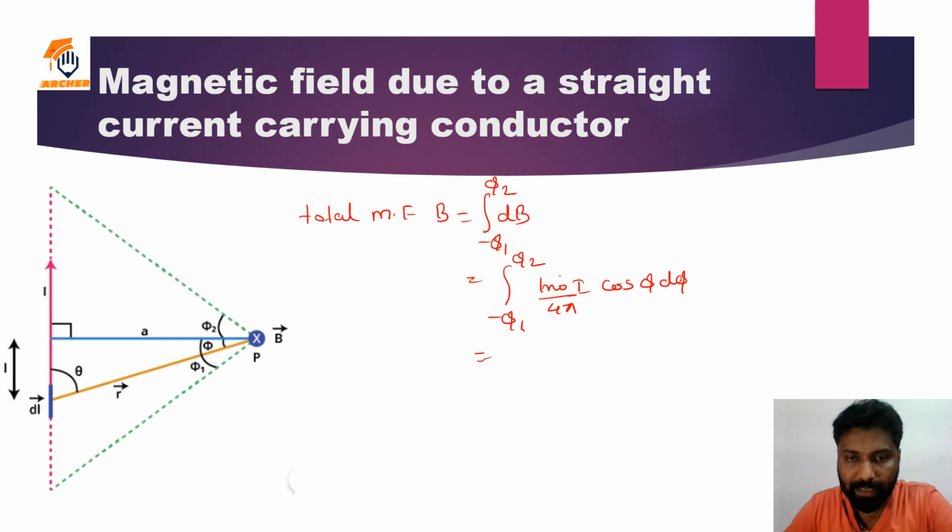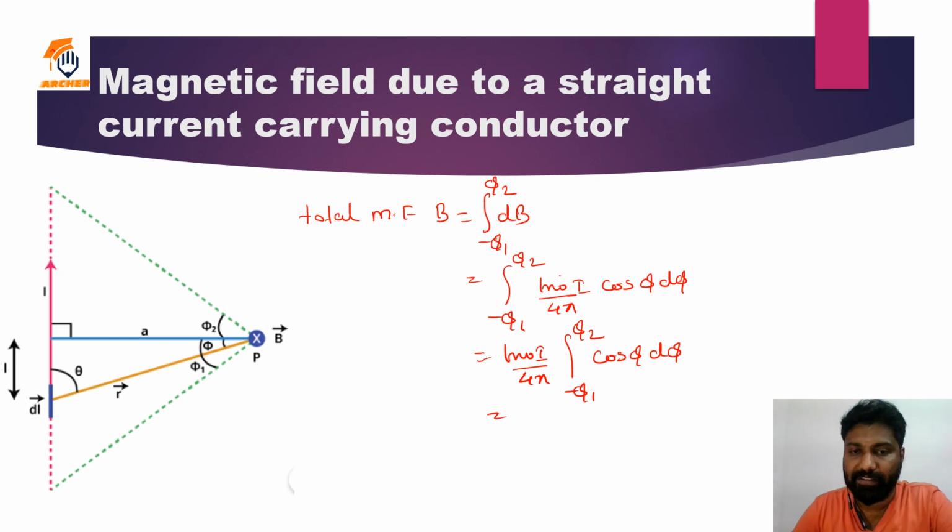So this will be mu 0 I by 4 pi times the integral from minus phi 1 to phi 2 of cos phi d phi. What is the integral of cos phi d phi? It is sin phi. So this will be mu 0 I by 4 pi times sin phi from phi 2 to minus phi 1.